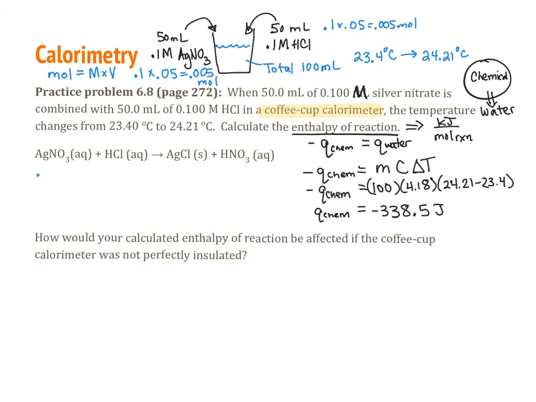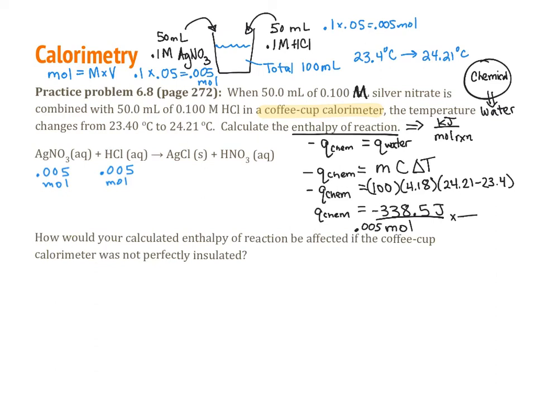And I should also take note of the balanced chemical reaction. I have 0.005 moles of this and 0.005 moles of this. And since they react in a 1-to-1 mole ratio, we'll basically consume 0.005 moles of both of these. So to figure out the heat of reaction, I'm going to divide by 0.005 moles, because 0.005 moles is what's generating negative 338.5 joules.